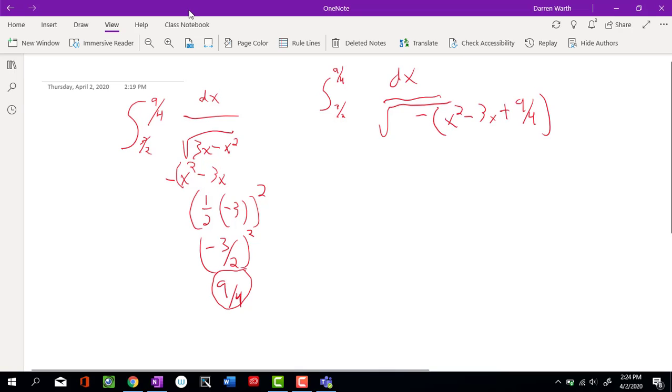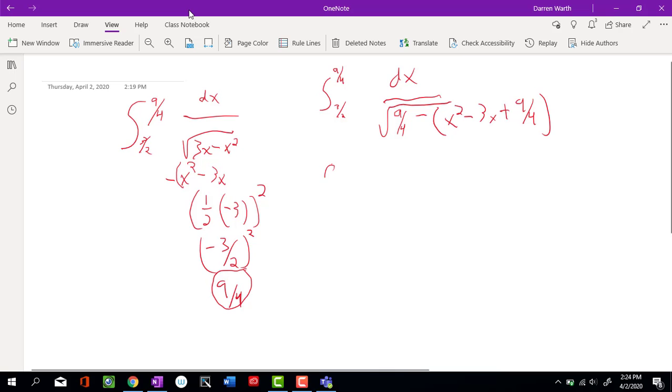Now when I put this out front, I have to offset it, because it is negative when I distribute it through that set of parentheses. So I need a positive 9/4 out front, so that 9/4 minus 9/4 is equal to 0.